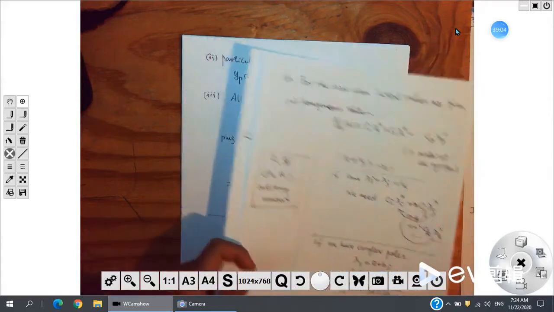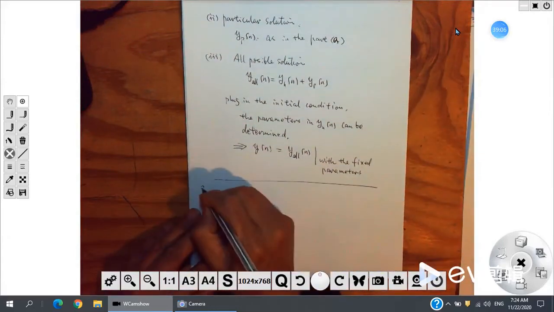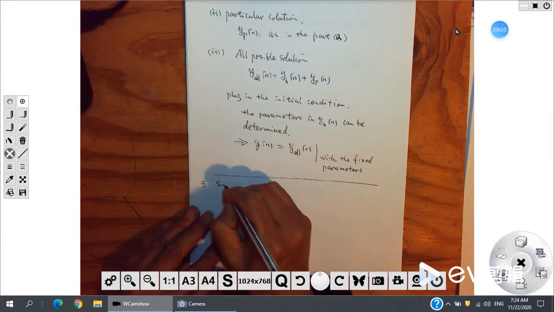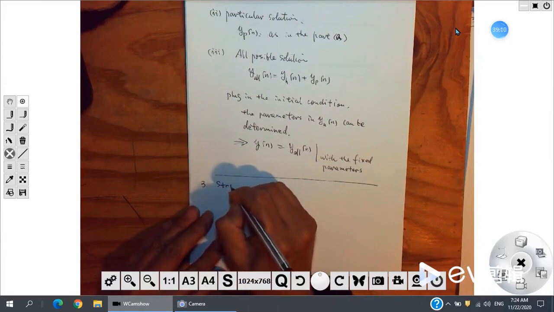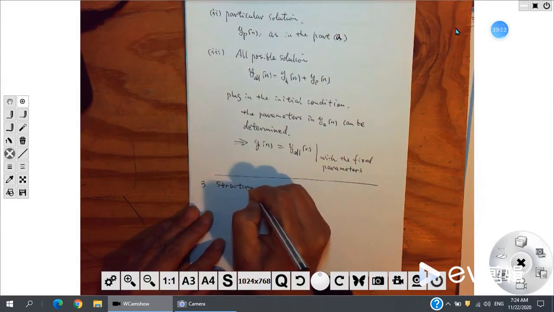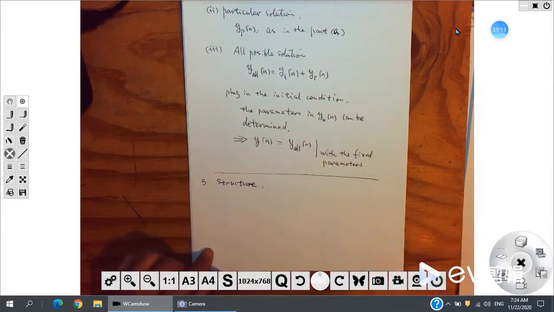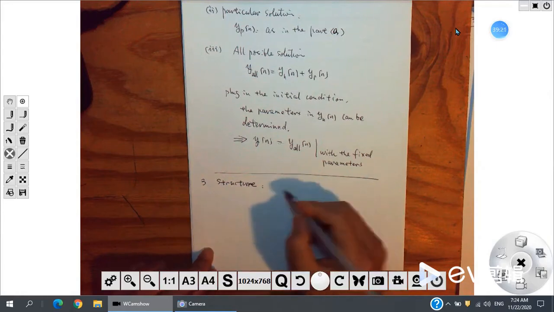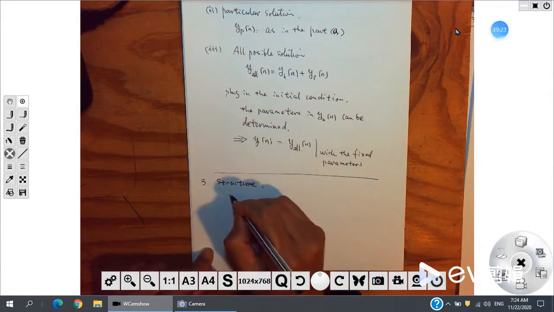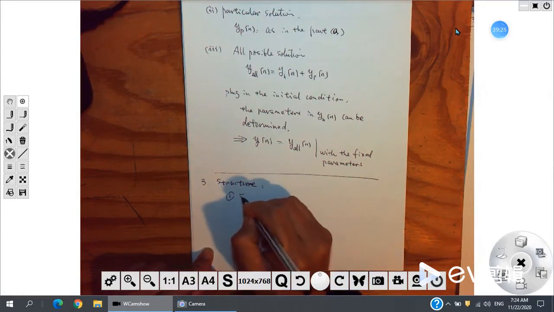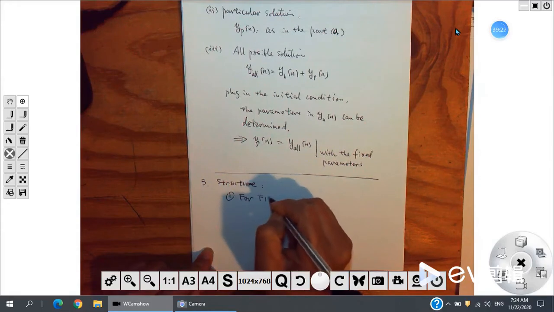Alright, and the third one, we have the structure. Structure, we basically discuss two cases. One is for FIR filters.